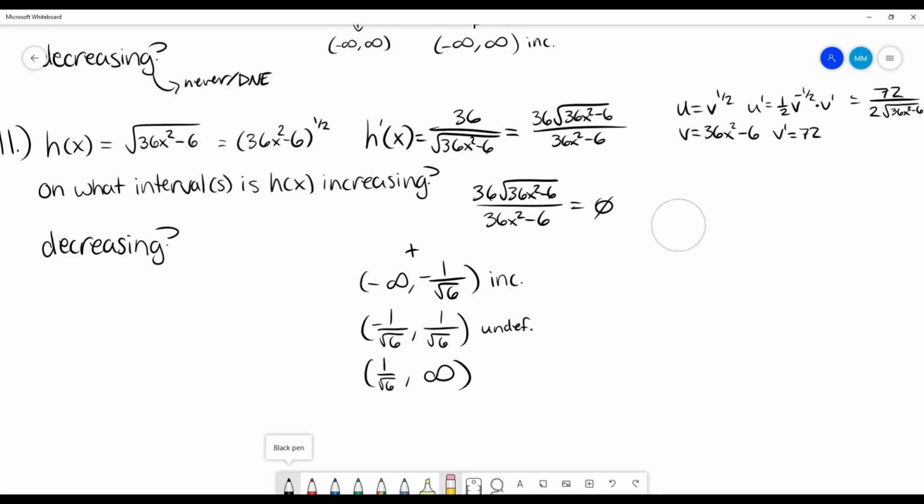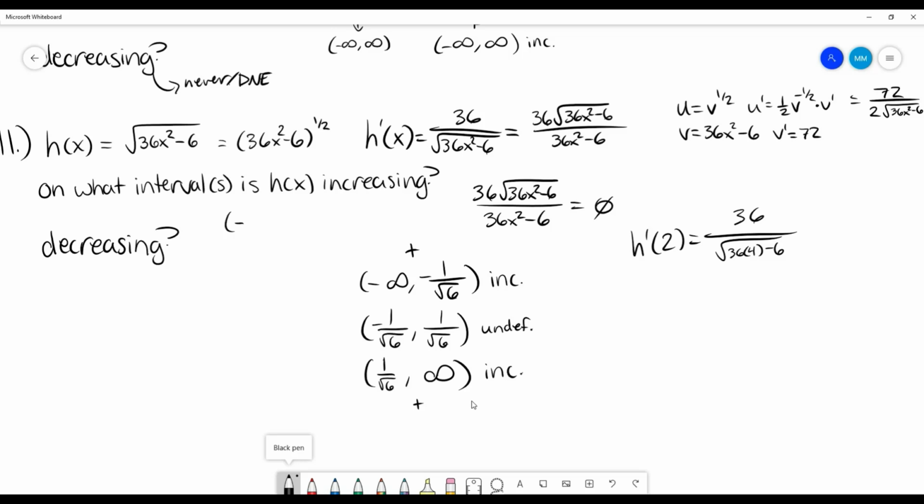And then let's pick another value. I'll just pick +2, and it should be increasing on that interval as well. Right, because that shouldn't actually change anything because of the x squared. And I'll just plug that in to show you. Get 36 over square root of 36 is still going to be times 4 because 2 squared is 4 minus 6, so it's all positive.